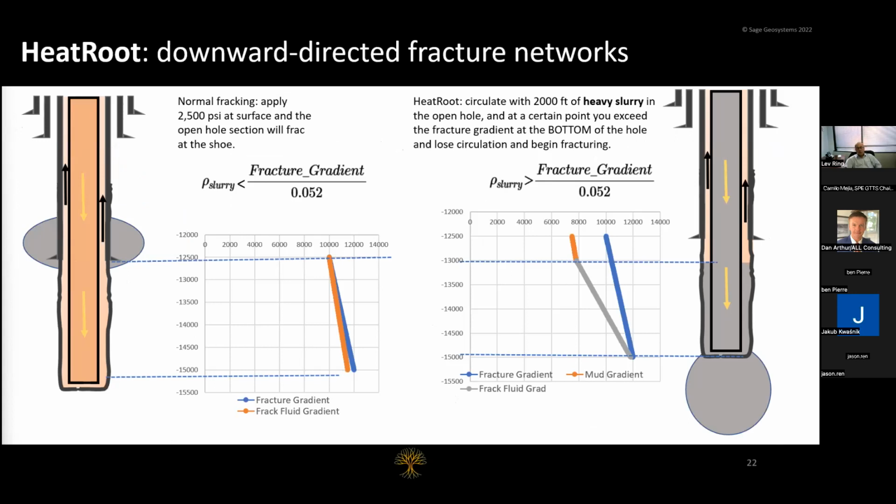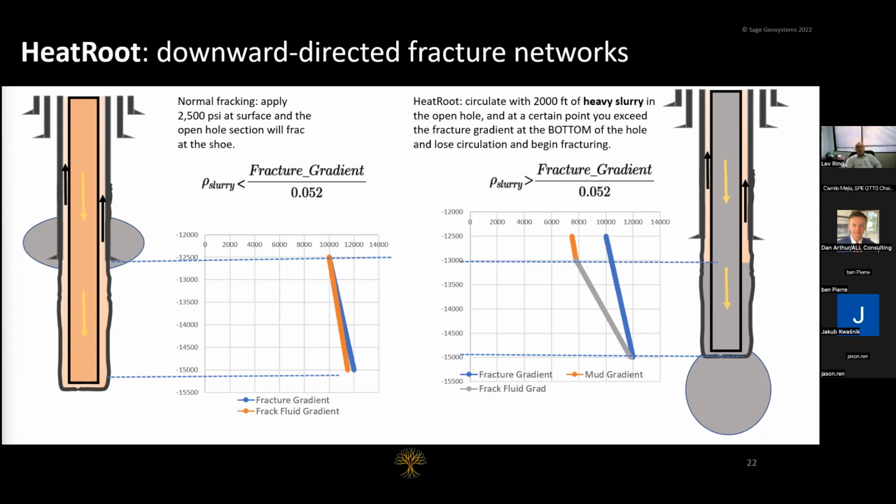Okay, why are fractures growing down? Well, usually in fracking operations, you use a fracking fluid density much less than the fracture gradient. And in this case, fractures will grow preferentially up. It of course depends on stress regime, but if you have a uniform formation, then fractures will grow preferentially up.